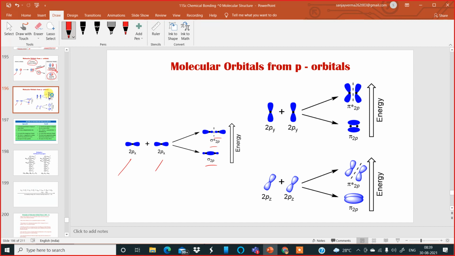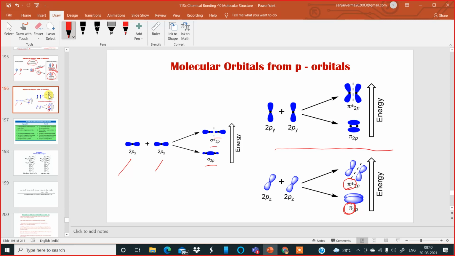The energy is mentioned over here. It is happening in two ways. Over here 2py, 2py, and over here 2pz, 2pz. It is sidewise overlap. That's why it forms pi bonding molecular orbitals. Sidewise overlap, pi molecular orbitals.